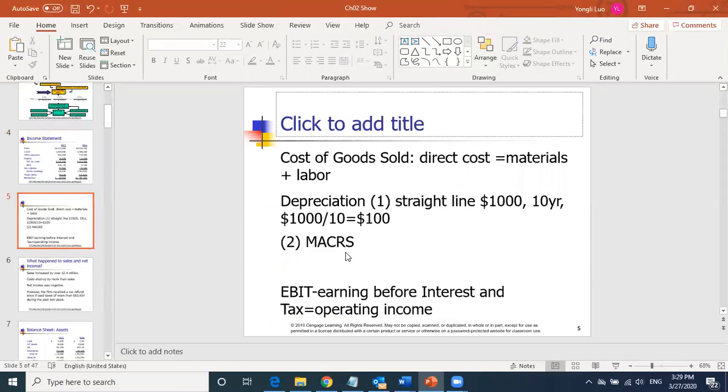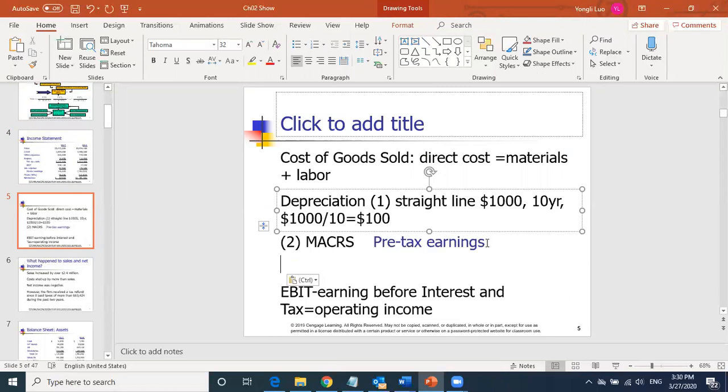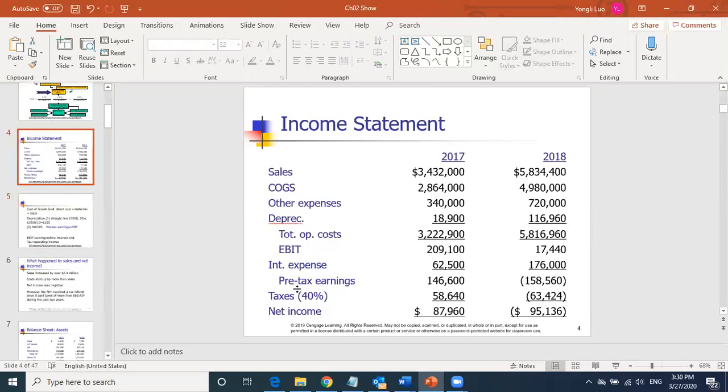Sometimes we call it EBT, earnings before tax. And then you exclude your tax, and that gives earnings after tax. So you take earnings before tax and exclude the tax.